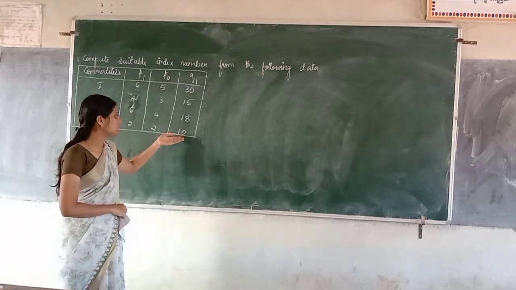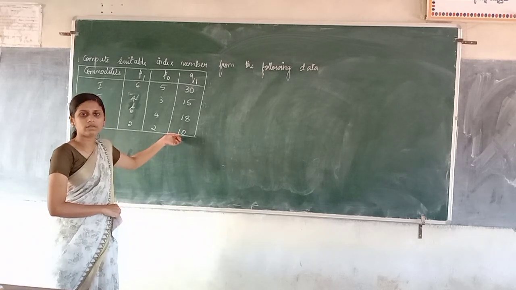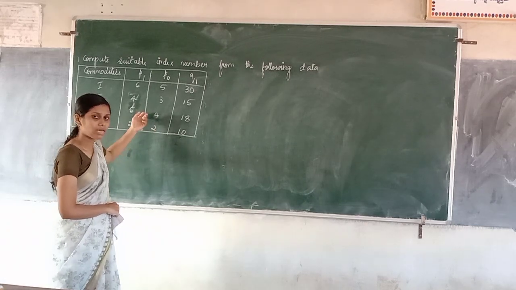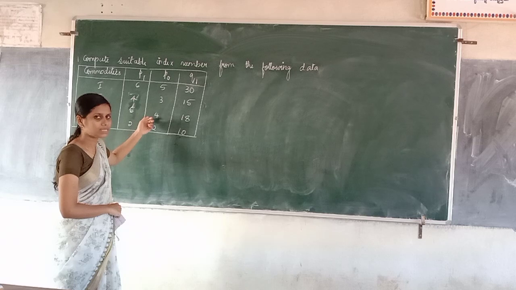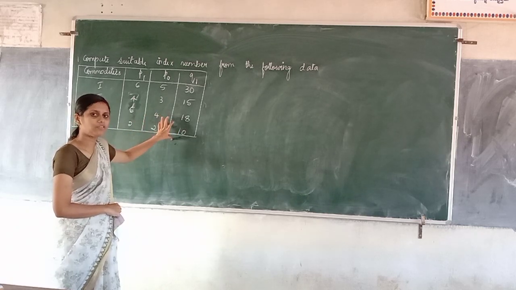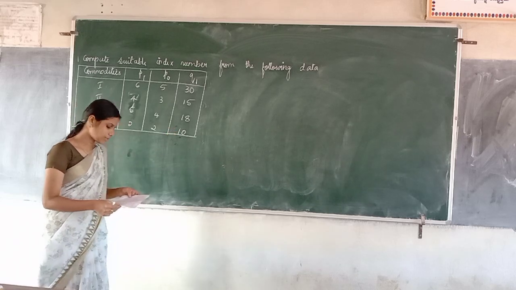So as quantities of current year are given, we are going to calculate Paasche's price index number. Prices of both base year and current year are given, and current year quantity is given. So with this information, we can calculate Paasche's price index number.